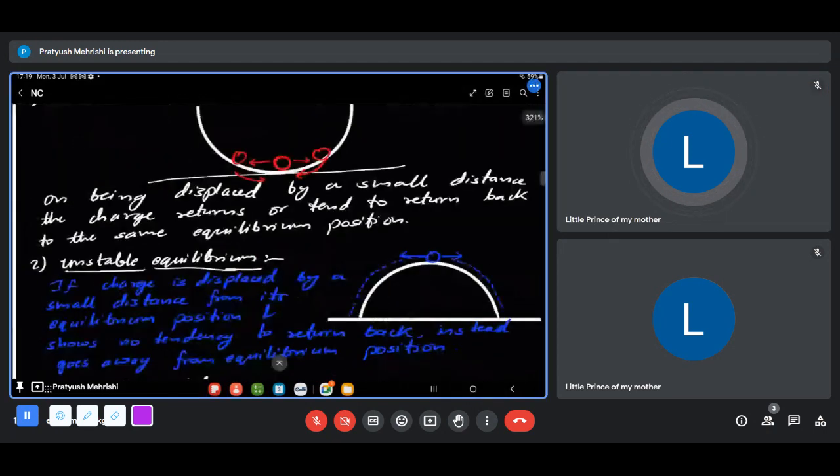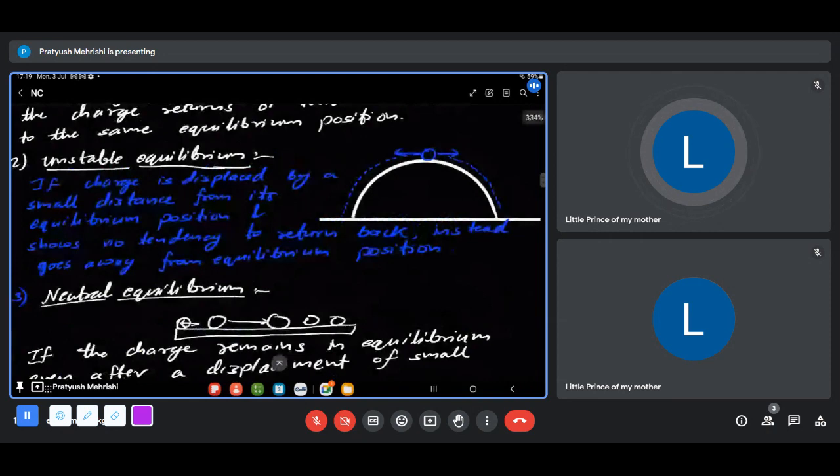Next is unstable equilibrium. Now in unstable equilibrium, what is the case? It is similar to an inverted bowl. A small ball is kept upon this inverted hemispherical bowl. This ball is not moving anywhere, which means the ball is in an equilibrium position.